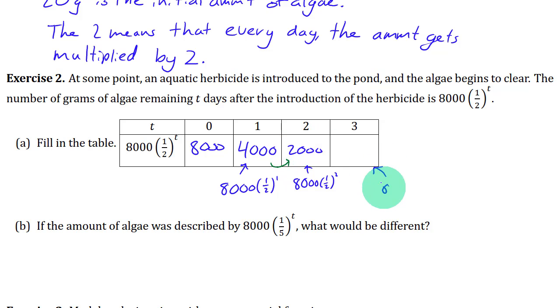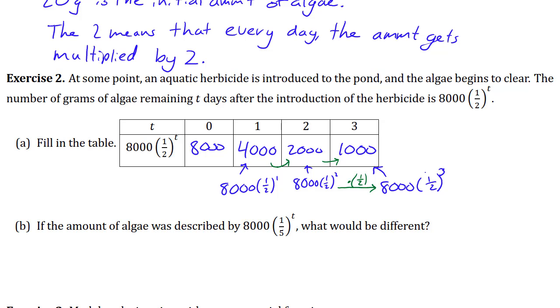Here, we're doing 8,000 times 1/2 to the power 3, which is just like 8,000 times 1/2 to the power 2, but multiplied by another factor of 1/2. So 2,000 times 1/2 is 1,000. And you could, of course, also just get that by working this whole expression out. You should get 1,000.